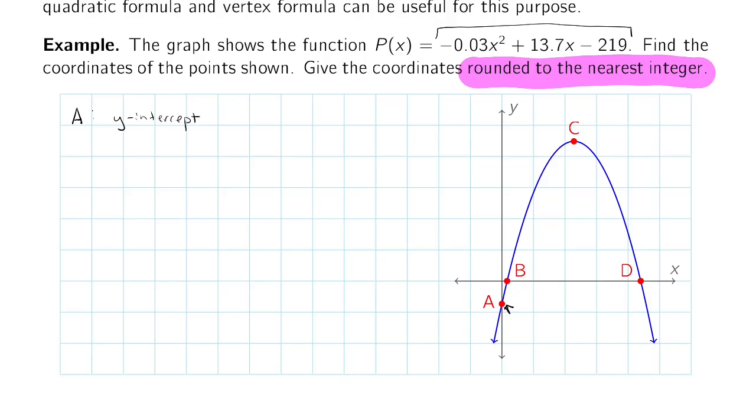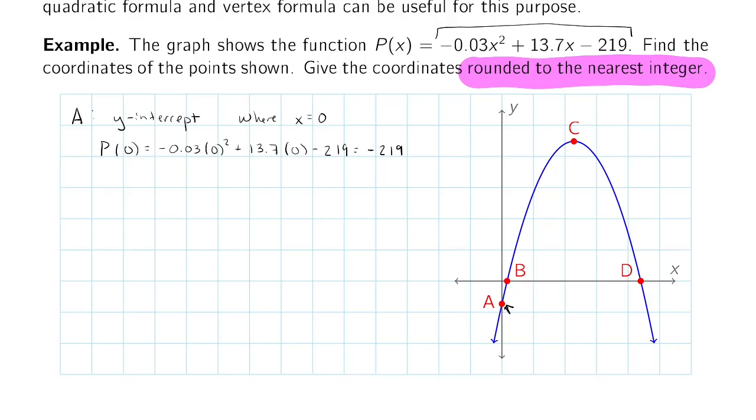The y-intercept is the easiest thing to find because this is where x equals 0. So we'll take p of 0 is negative 0.03 times 0 squared plus 13.7 times 0 minus 219 is negative 219.